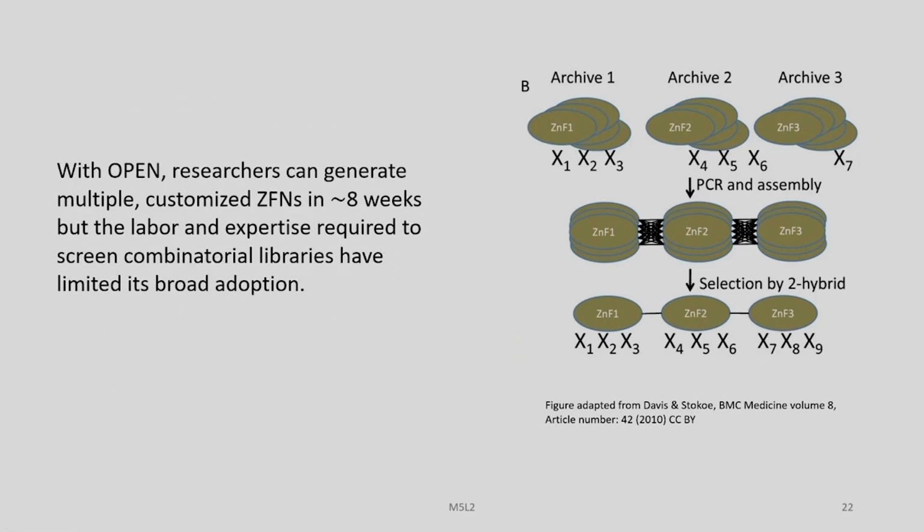With OPEN, researchers can generate multiple customized zinc finger nucleases in about 8 weeks or 2 months, but the labor and expertise required to screen community libraries have limited its broad adoption.